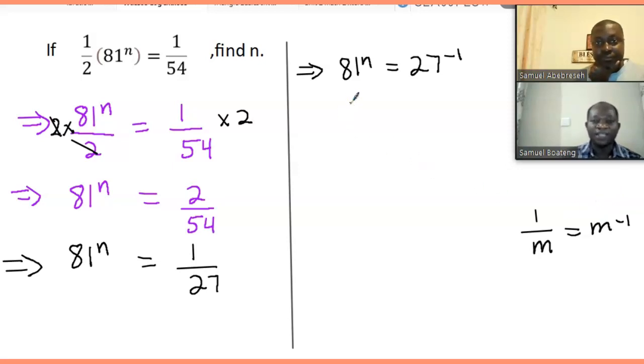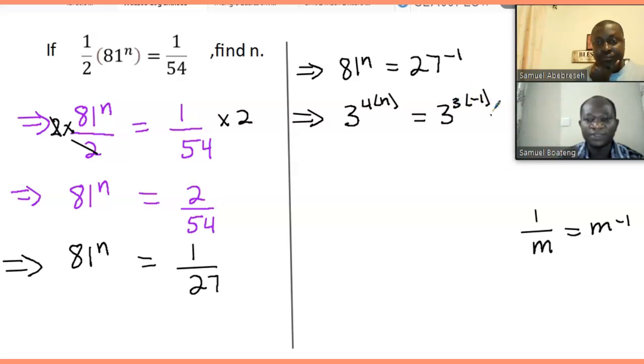This implies that 81 can be written as 3 raised to the power 4n, which is equal to 3 raised to the power 3 times minus 1. 27 is the same as 3 raised to the power 3, and 81 is the same as 3 raised to the power 4.